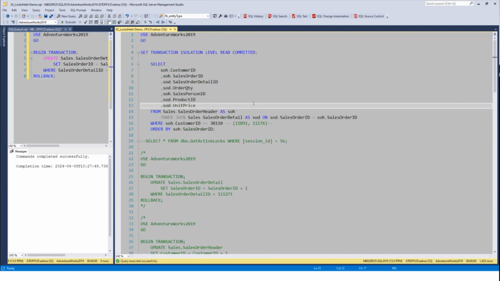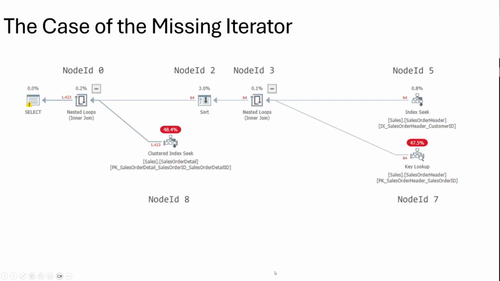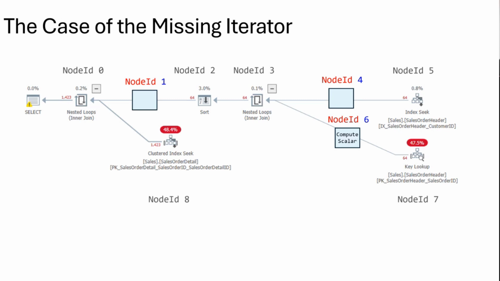Now, I will go back to my presentation, and I have this execution plan. This is the same execution plan as you've seen in Plan Explorer, and I'm trying to add these node IDs here. So I'm missing these node IDs. Node ID 6 represents a compute scalar.